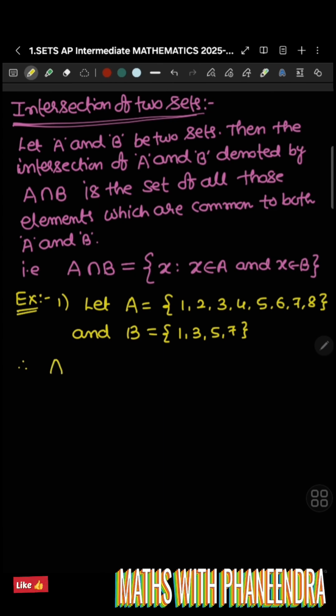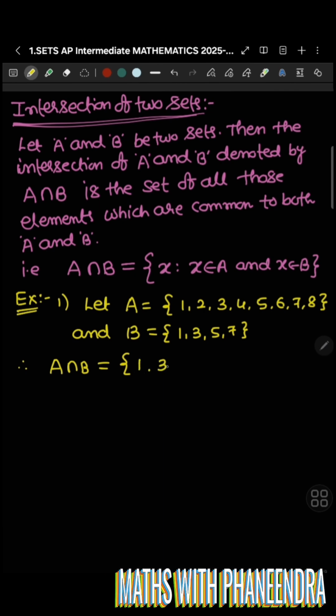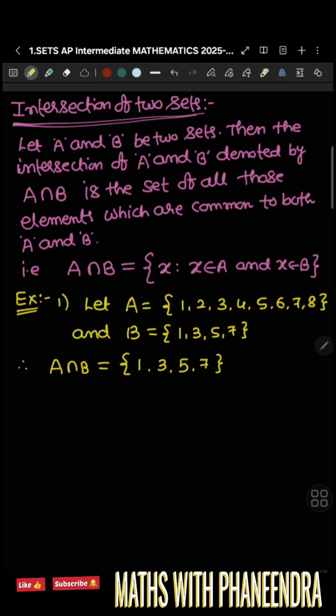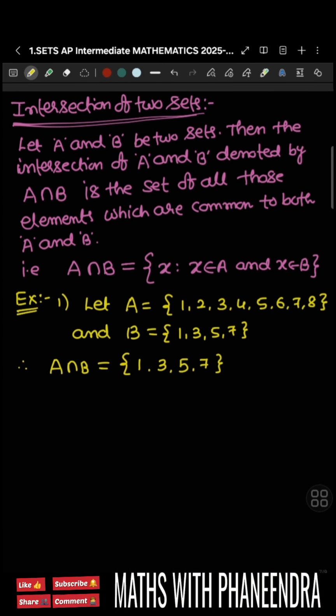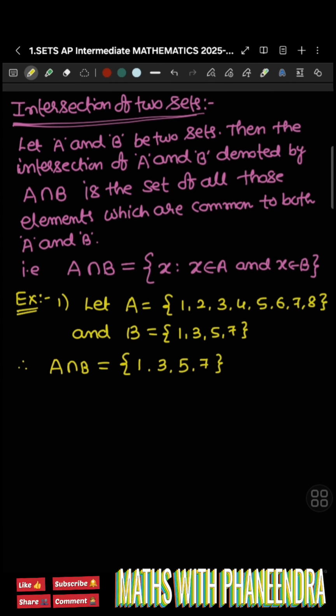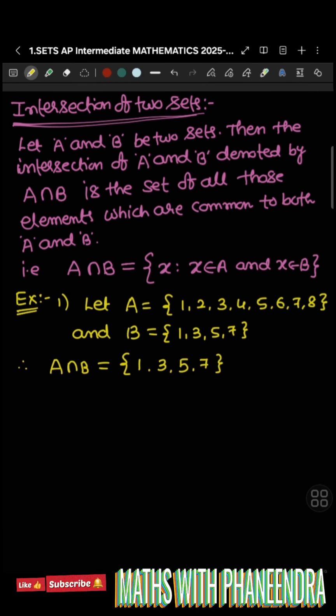Therefore, A intersection B. Observe carefully, dear students, whatever elements are common in A and B sets. 1 is common, 3 is common, 5 is also common, and 7 is also common. There are no other elements in common. So your answer is A intersection B is equal to 1, 3, 5, 7. We can write A intersection B as B also, but only in this case it is possible, not in other cases.